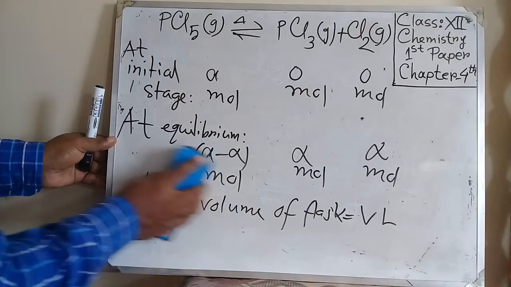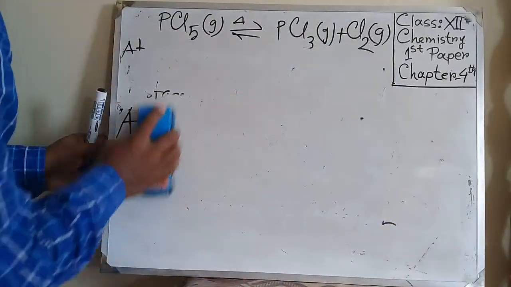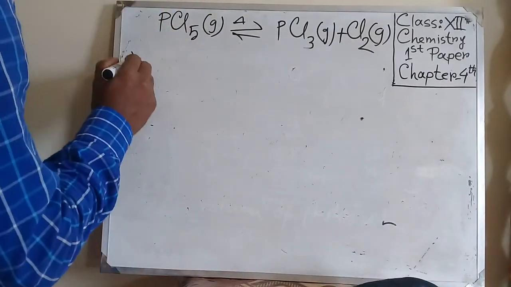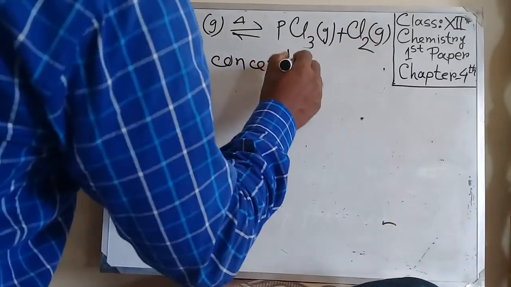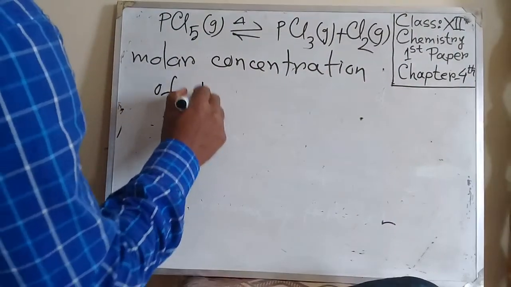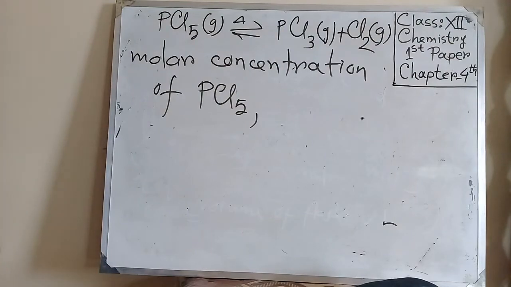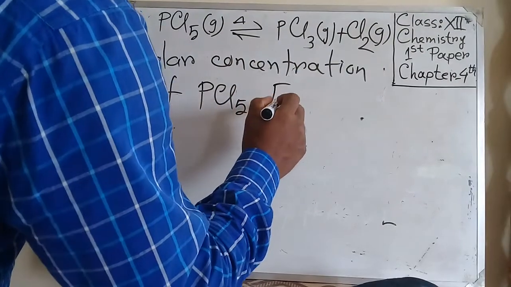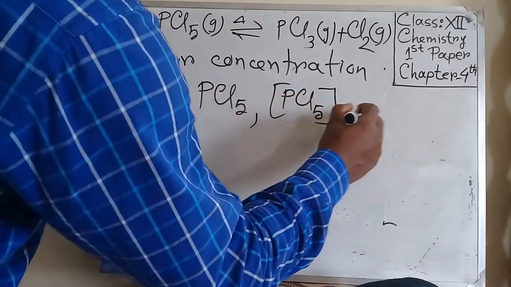So I can erase this one now. So the molar concentration of phosphorus pentachloride. Molar concentration is denoted by using square brackets, [PCl5], equal to what?